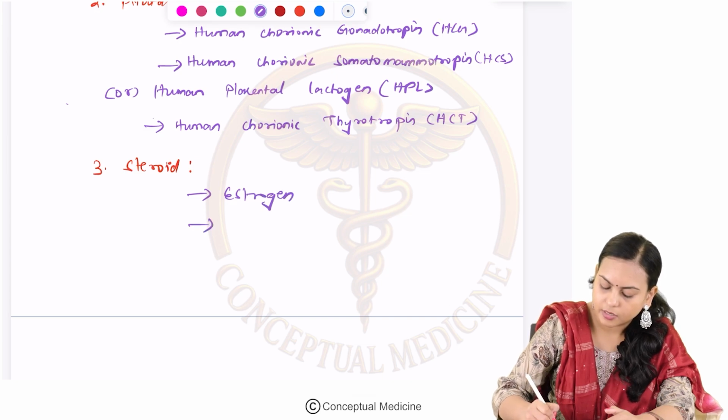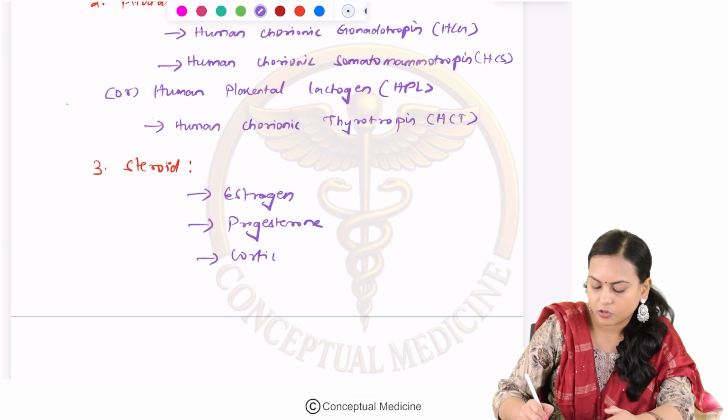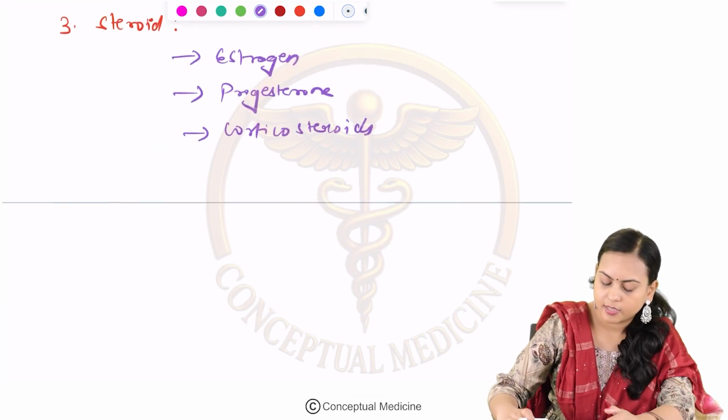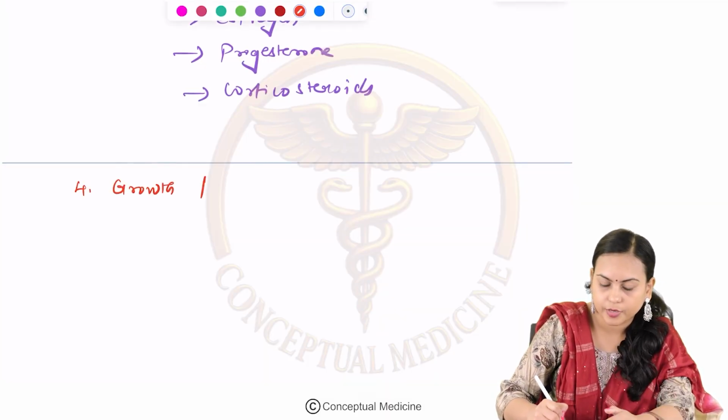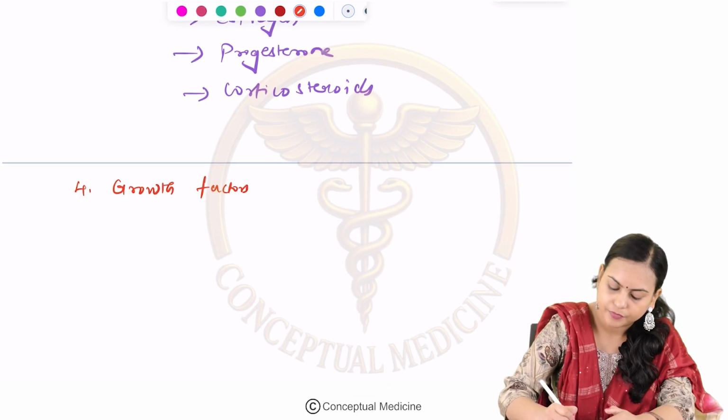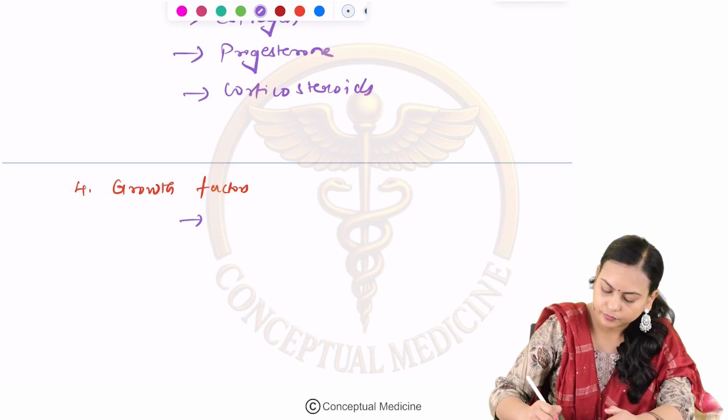Those include estrogen, progesterone and corticosteroids.